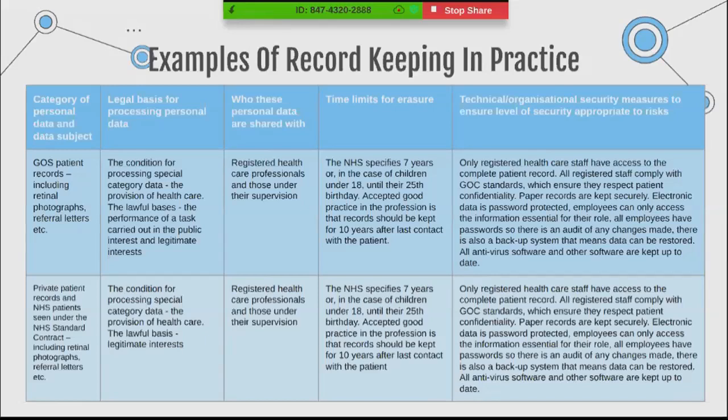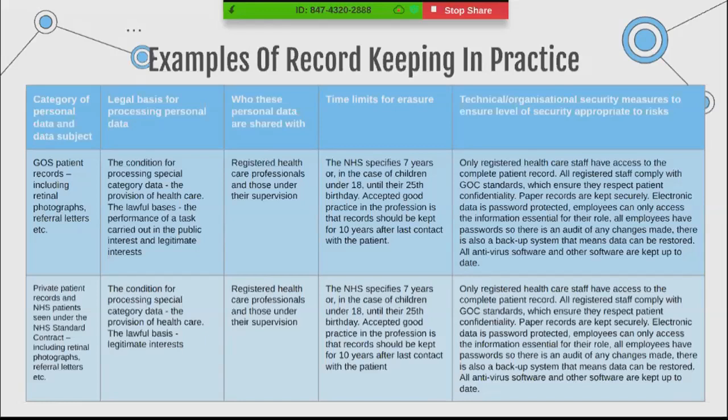So in terms of who this personal data is shared with, it's only going to be shared with registered healthcare professionals and those under their supervision. So GOC registered professionals, and people who are working in practice, even if they're pre-reg or student DOs, etc., would still be considered as working under the supervision of those GOC professionals. So those are the only people who this data should be shared with.